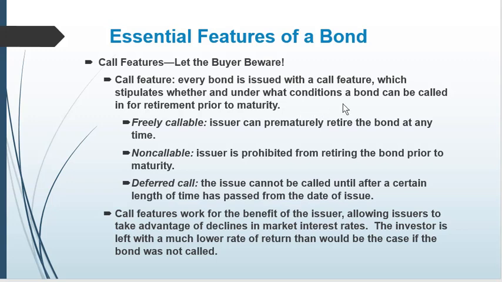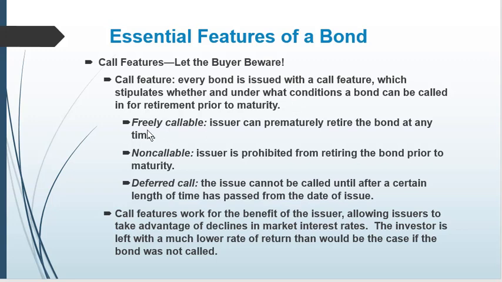If it's called, this creates a bit of a danger for the investor, because you can't control when this happens. So in times of declining interest rates, call features become very critical, and we need to understand the impact on our investments.